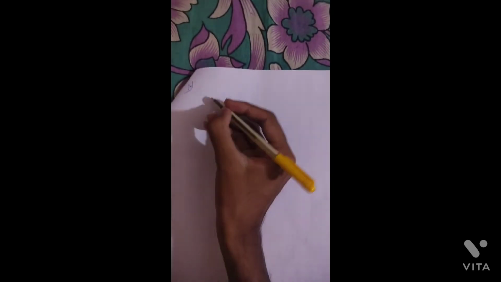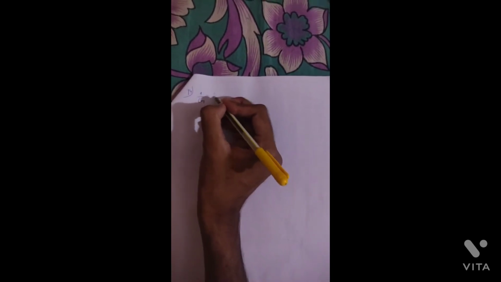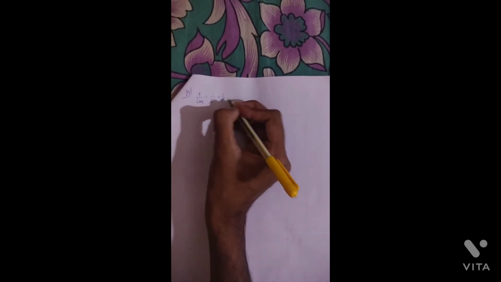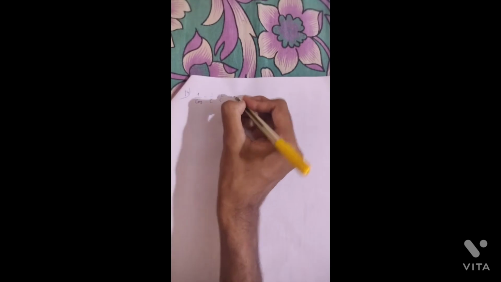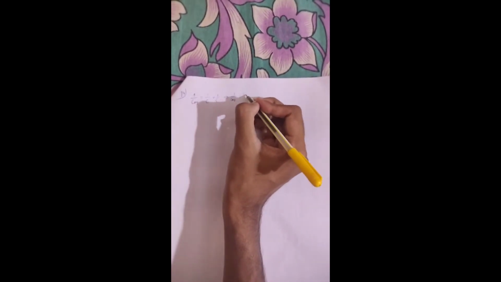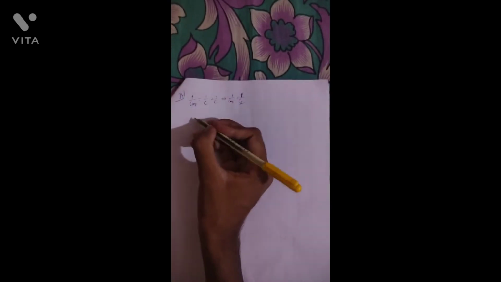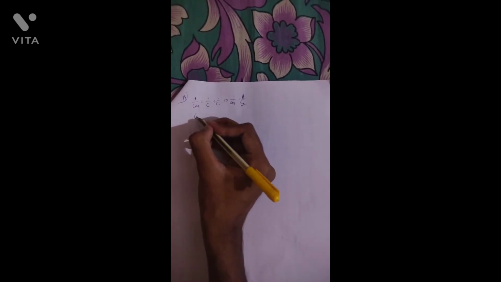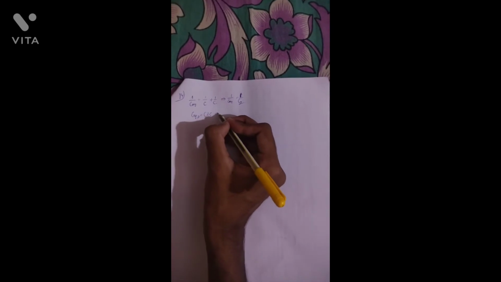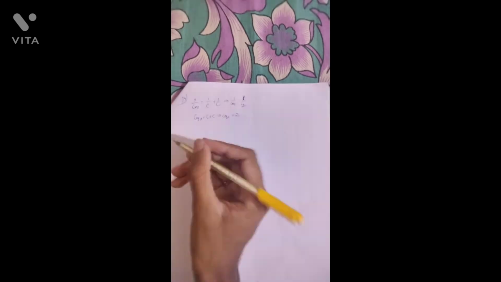The formula is, as you know, 1 by C equal to 1 by C plus 1 by C, that is equal to 2 by C, so CEQ1 is C by 2. For parallel, CEQ2 is equal to C plus C, that is equal to 2C.